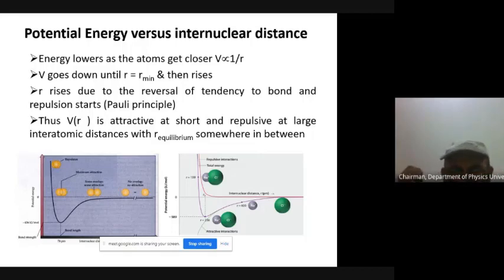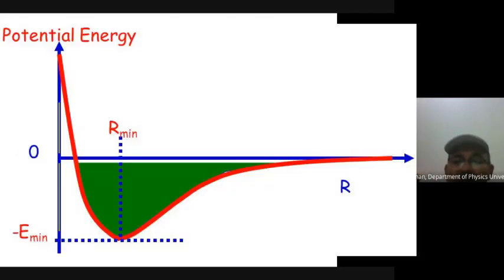So common sense says that when two atoms are coming together, they should enter each other, and at the end there will be only one atom. But it is not happening. Why? Because the interaction between the orbitals, the shells of the atoms, doesn't allow two electrons in the same quantum state.